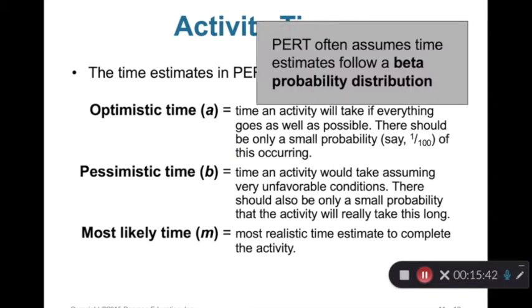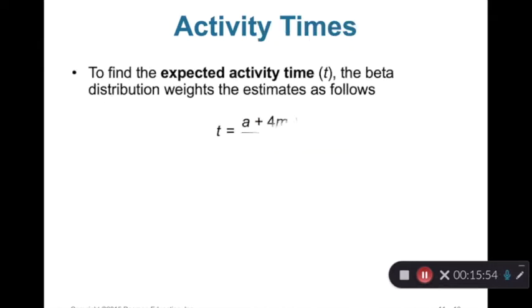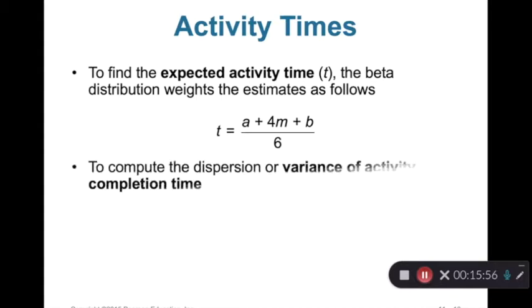And you should know PERT assumes the time estimates follow a beta probability distribution. After you know the three estimates of activity times, you can calculate the expected activity time for each activity using this formula: T equals (A plus 4 times M plus B) divided by 6.